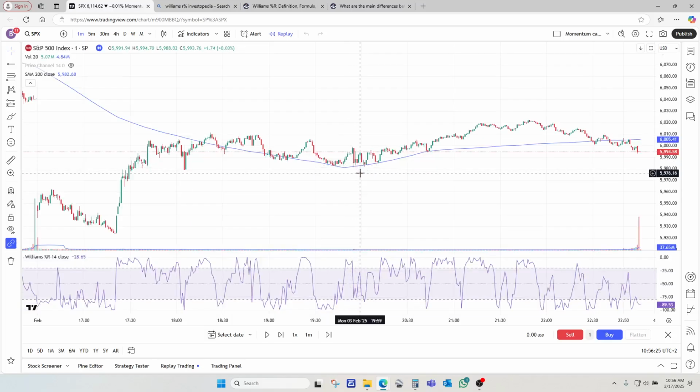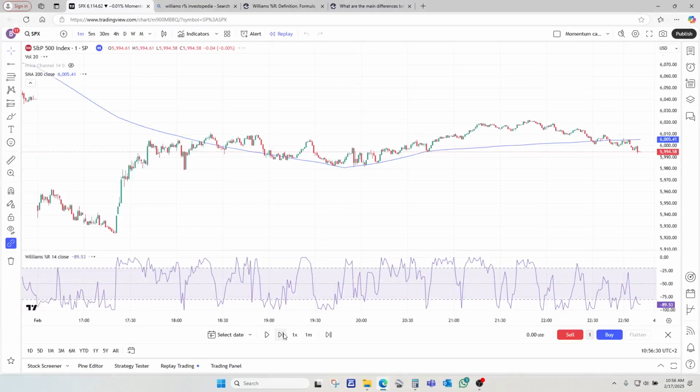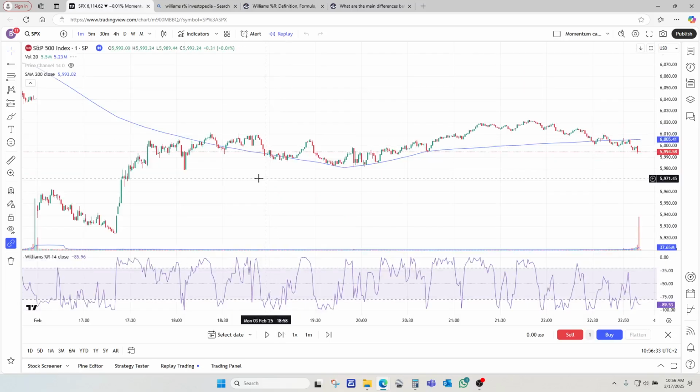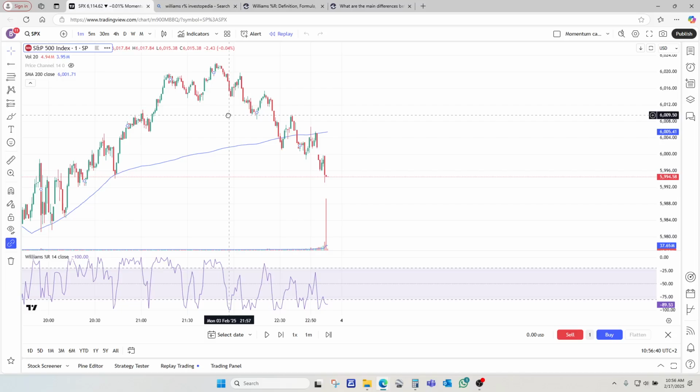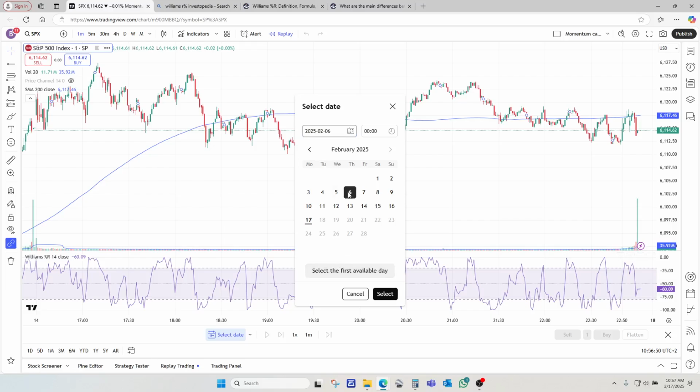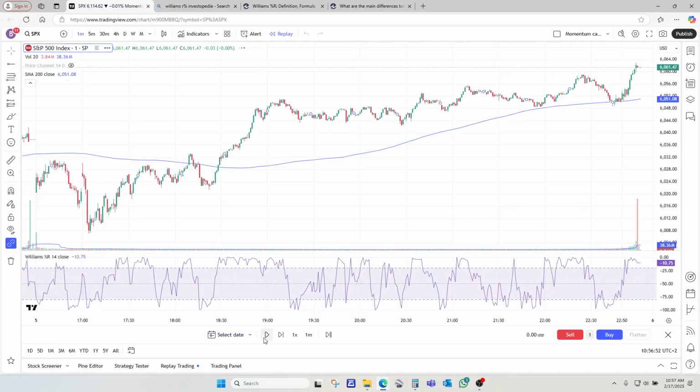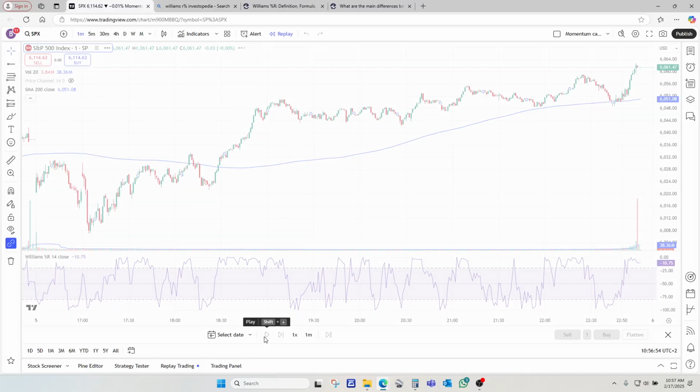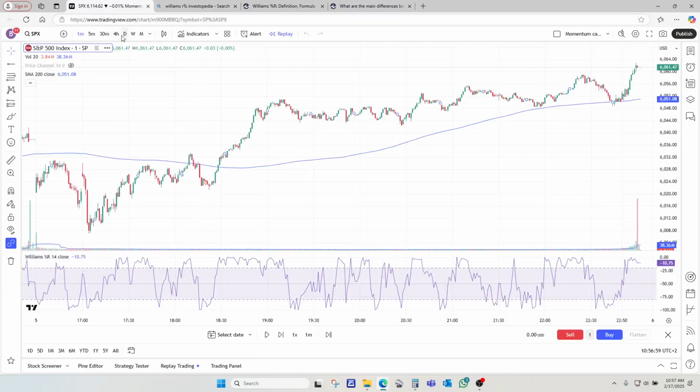Doesn't like something. You can test this in the daily, in the 1 minute chart as well. I'm not sure why it's not working at the moment. Okay, let's go back now. Let's try again. Something's wrong. Doesn't matter. You can use the daily.